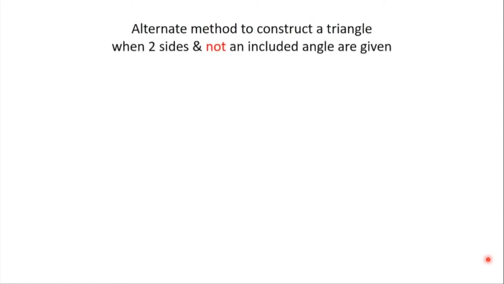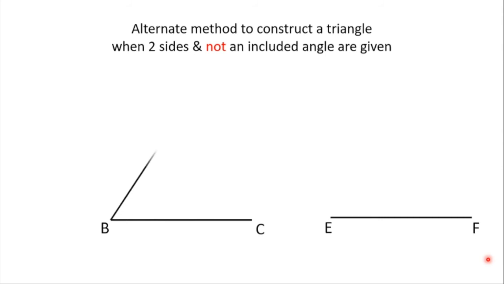Now I would like to share with you another alternate method to construct a triangle when two sides and not an included angle are given. This is a very, very interesting case. When two sides and not an included angle are given, we will first draw the base BC as per the given measurement, and also EF.